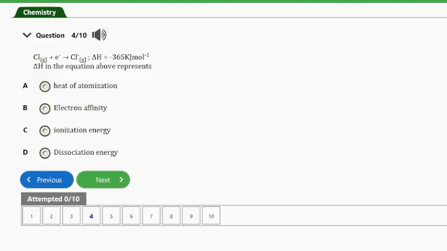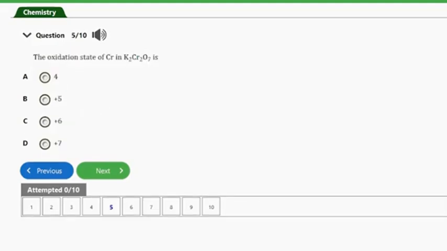The delta H here is the electron affinity. Electron affinity is the energy released when 1 mole of electrons is added to 1 mole of gaseous atoms to form 1 mole of the corresponding anions in the gas phase. So that's the answer to this question, electron affinity, option B.